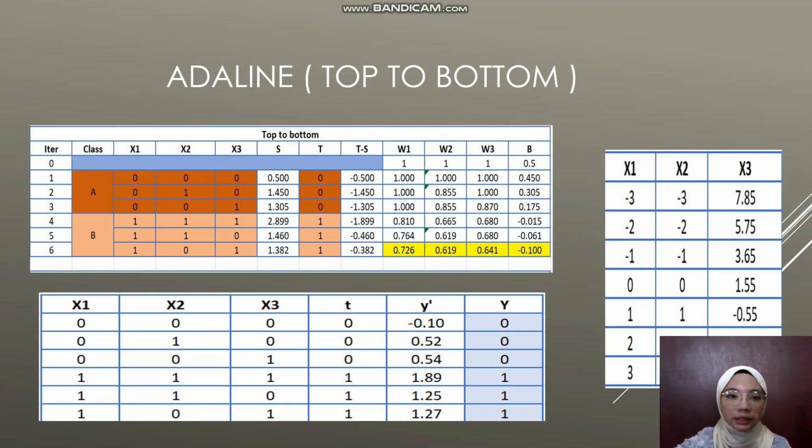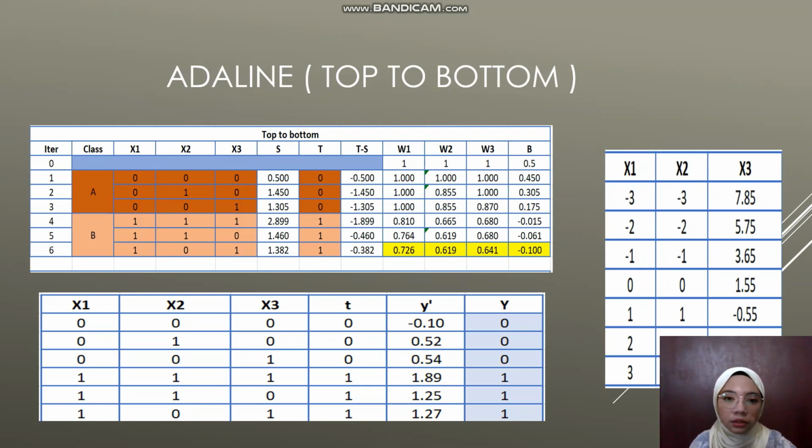For class A and B, we assume the target is 0 for A and 1 for B. To find the value of S, we need to sum x1 times W1, x2 times W2, x3 times W3, and then plus B. So we get the value.